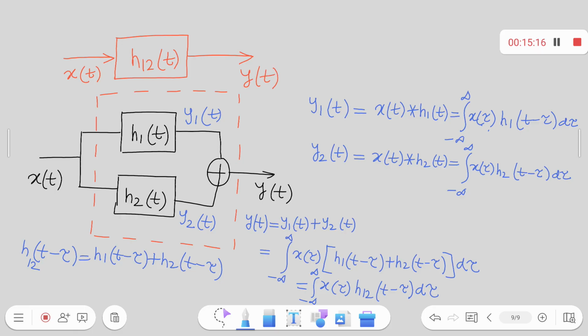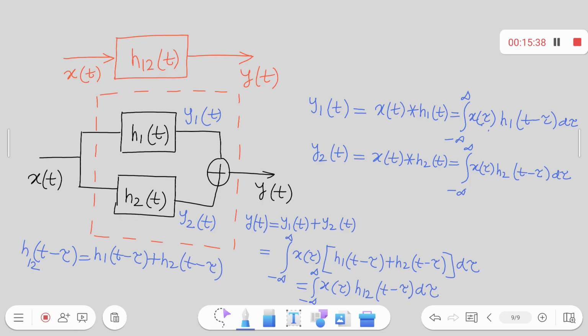Instead of having this h1 of t, h2 of t and the summation, it will perform the same operation. So what is that equivalent system? What is the equivalent impulse response? That equivalent impulse response is basically the summation of these two, as can be verified from the mathematics itself. Can we get the point?